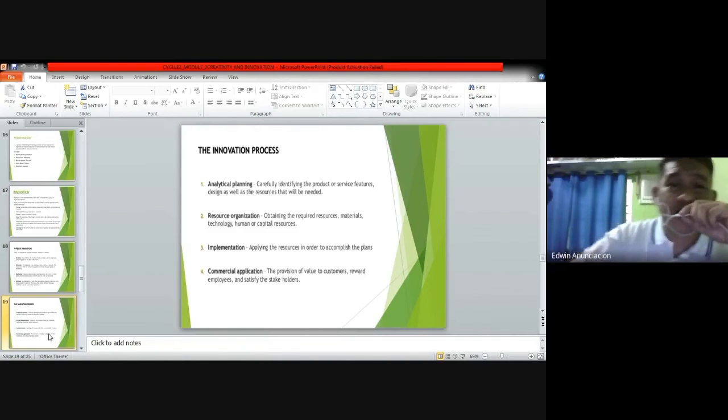And then, siyempre, pagka yan po, naplano na, nakaset na yung materials, i-implement mo na siya ngayon. Ano po? So, sa implementation, applying the resources in order to accomplish the plan. And then, siyempre, nakapag-produce ka. Commercial application, provision of value to customers, yan po.